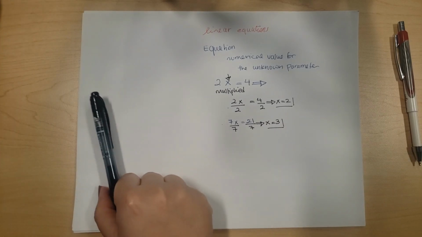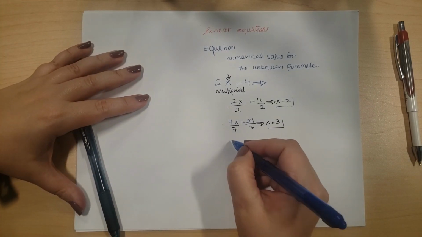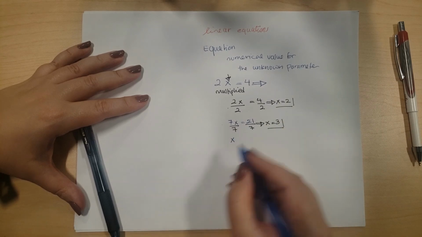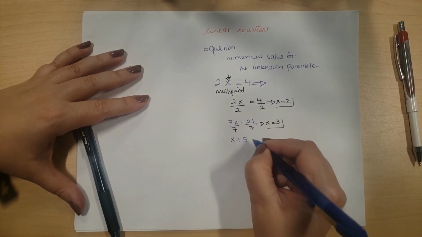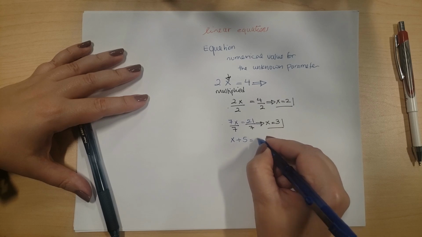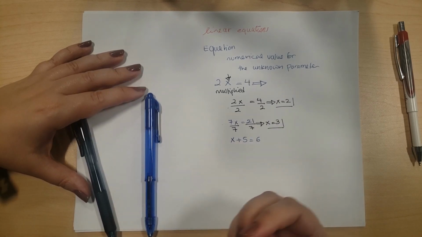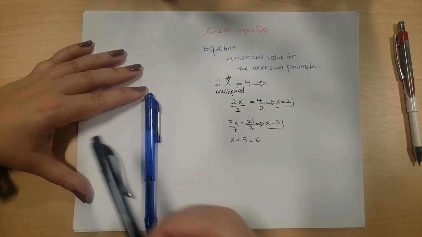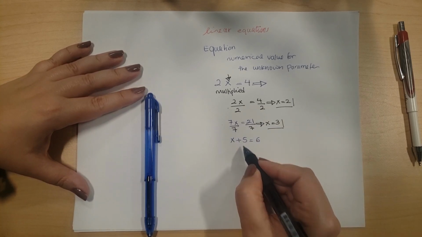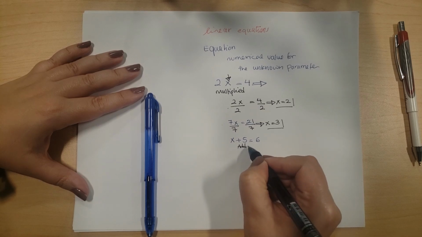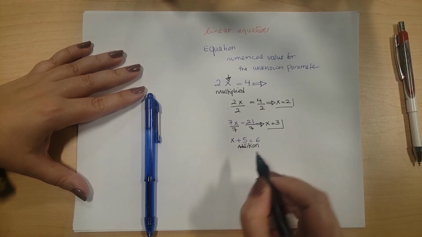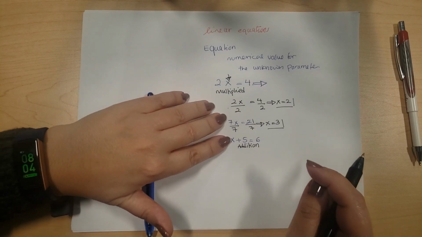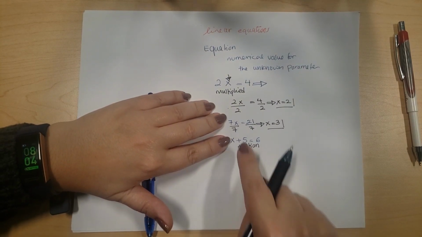All right. So another scenario would be your unknown variable is added to a constant and then equals another constant. So we have an unknown, we add 5 and we get 6. So what is the operation here? It's been added. And remember, we want to isolate the x. So we have to get rid of this 5.